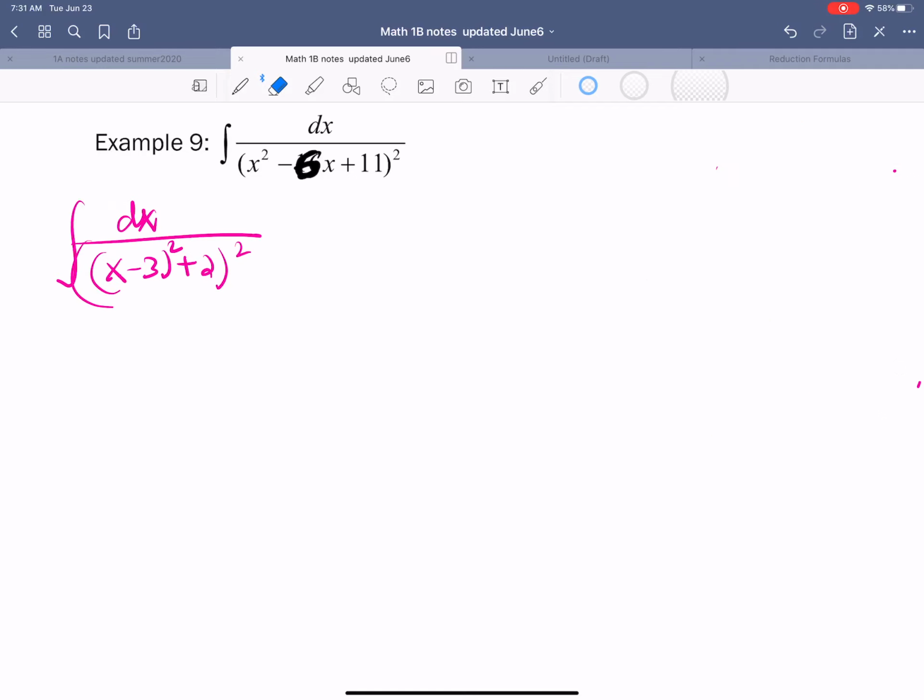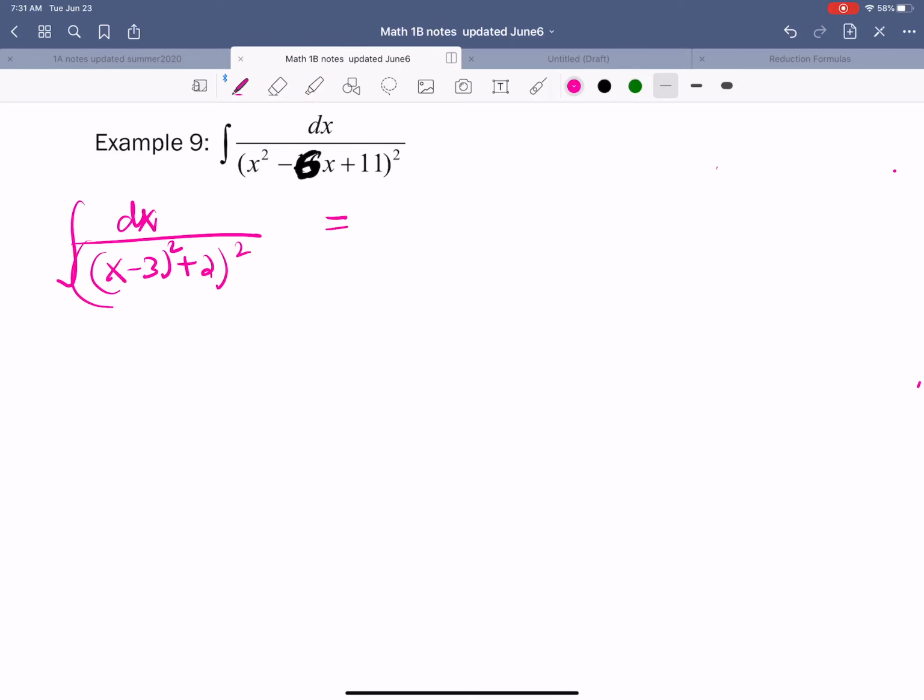So I'm going to use a clever substitution here. I'm going to let root 2 times x minus 3 be the tangent theta, or x minus 3. Okay, we can do it in multiple different ways. Let's first pull out the 2 really quick.